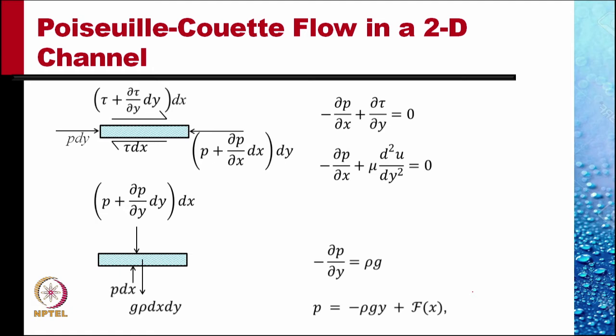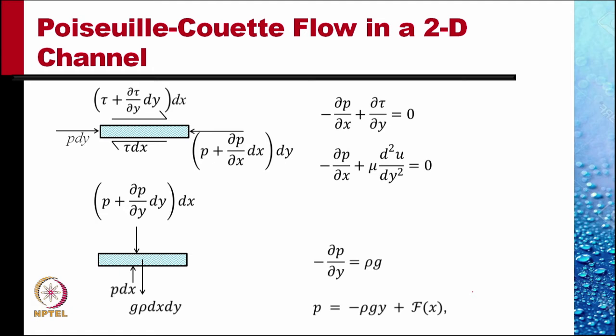The forces in the y direction are p dx on the lower face, p plus del P by del Y dy into dx on the upper face, and the weight of the element g times rho dx dy. And sum of these forces should be 0, and that gives you minus del P by del Y is equal to rho g.